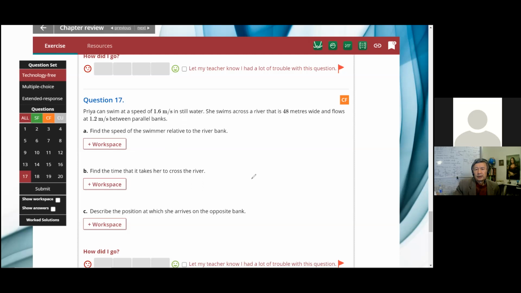Okay. So if I have a bank and another bank, two banks and a river, which is the direction of water? Direction of water is.